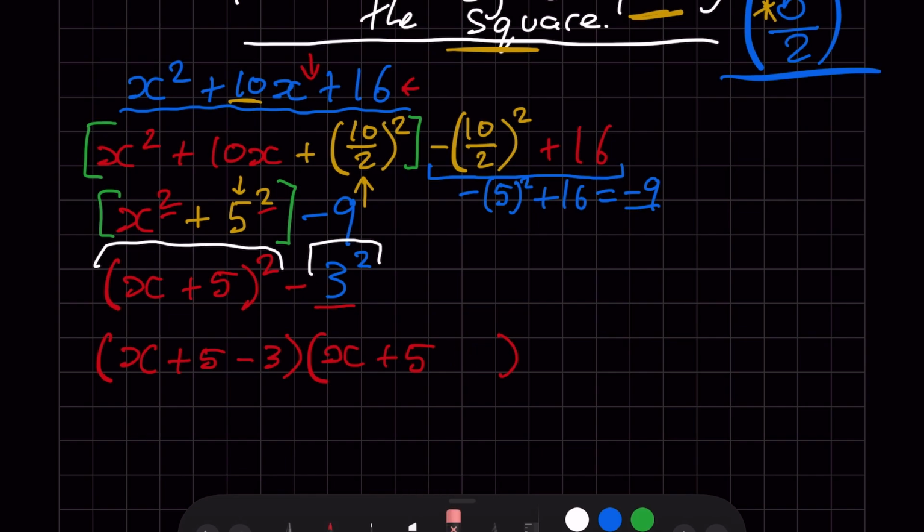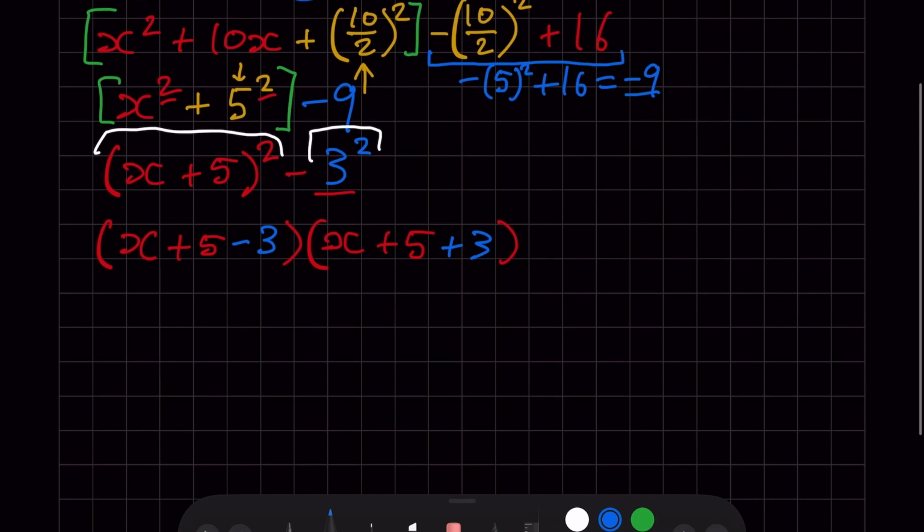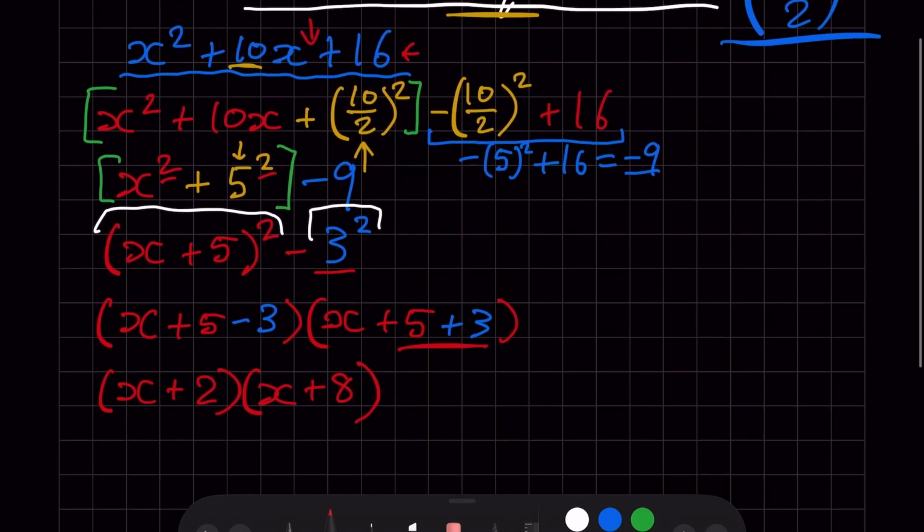Let's do those in the blue. Minus 3 goes there, plus 3 goes there. So you can see how those numbers have moved around. At the end of all of this, we've got x, 5 take 3 is 2, and x, 5 plus 3 is 8. And that is our final answer for this question.